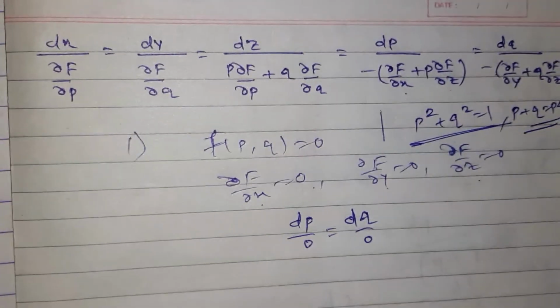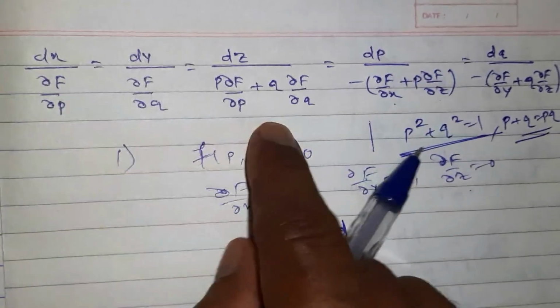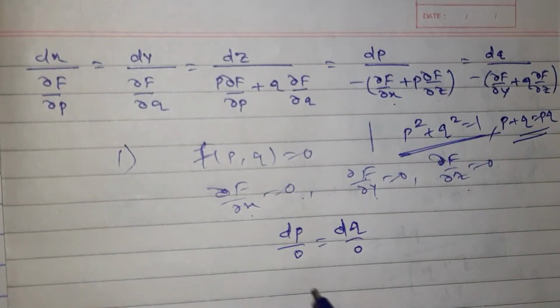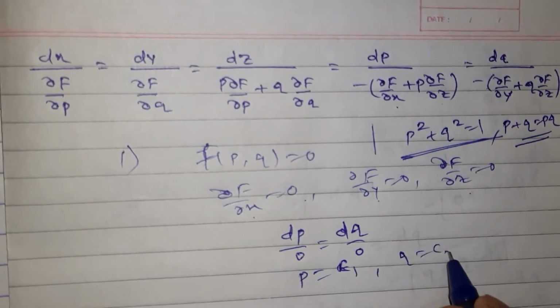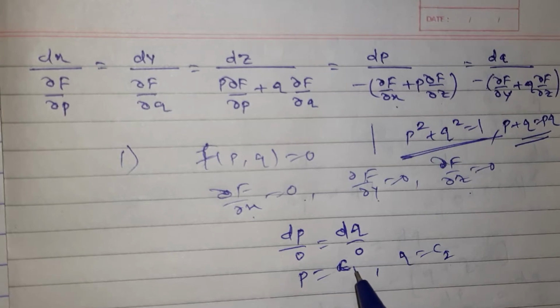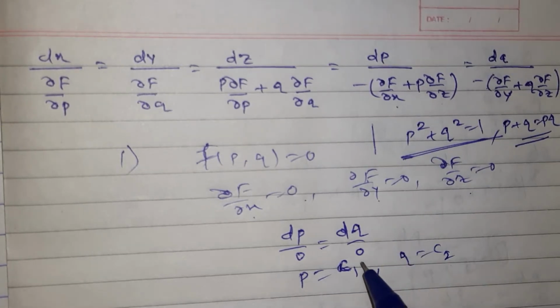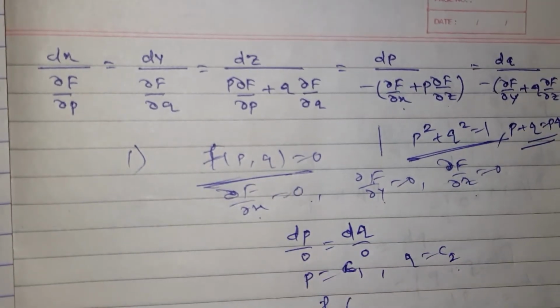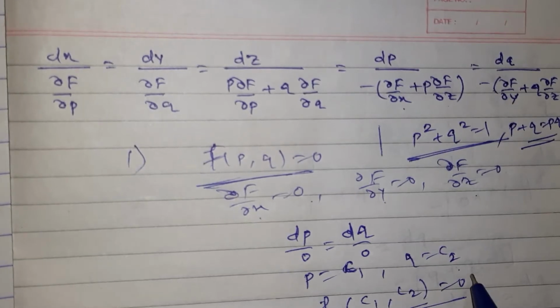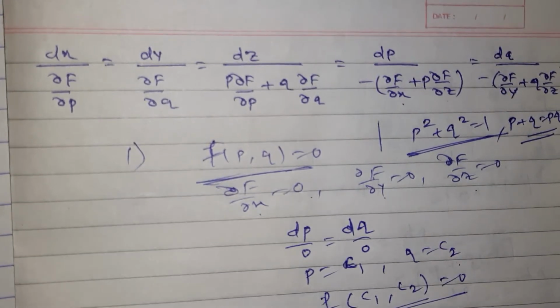No doubt the first 3 terms remain as they are, but these 2 become 0, and from that I get p is equal to constant c1 and q is equal to constant c2, as we discussed in our example section, that whenever the denominator is equal to 0 for a certain variable, then that variable we can take as constant. So p and q I get the values, which means from this equation I can say that f of c1, c2 is equal to 0. So we can find c1 in terms of c2 or c2 in terms of c1 and solve the example, right?